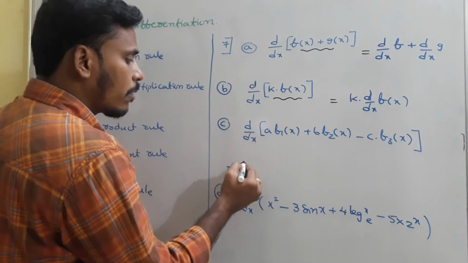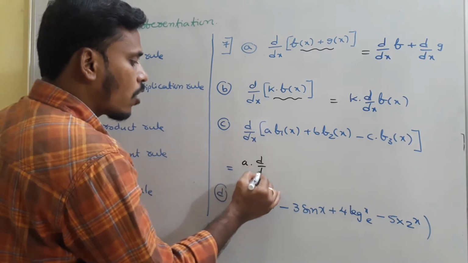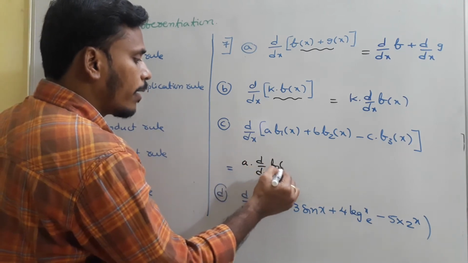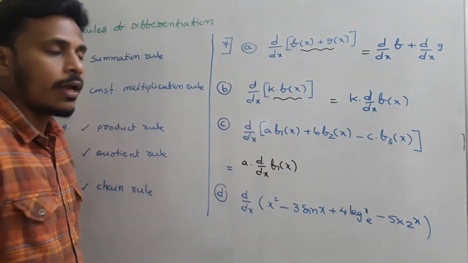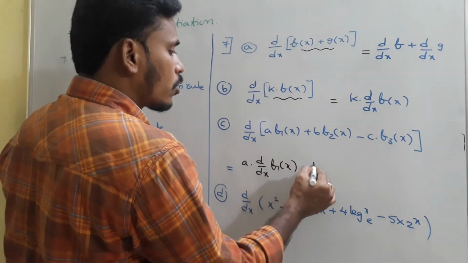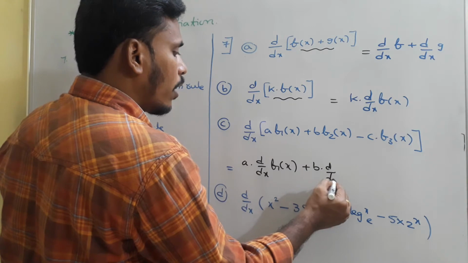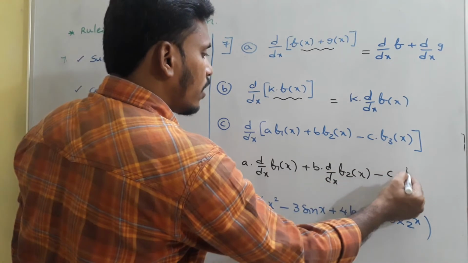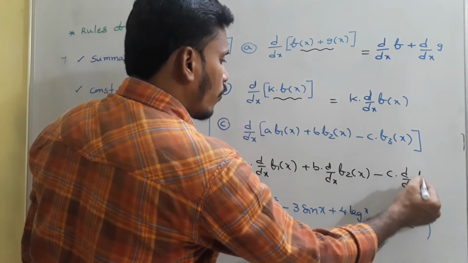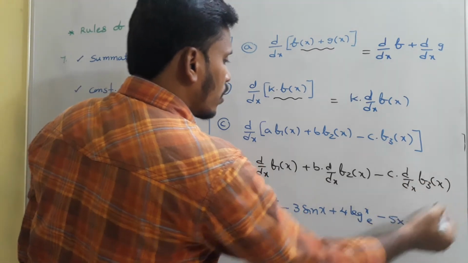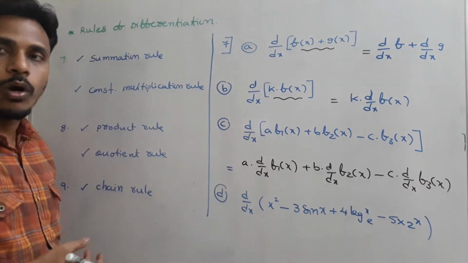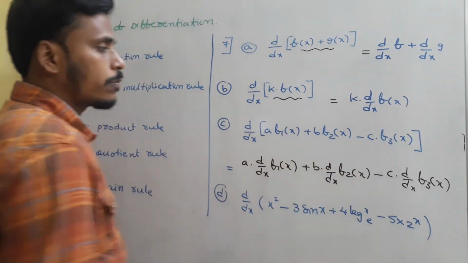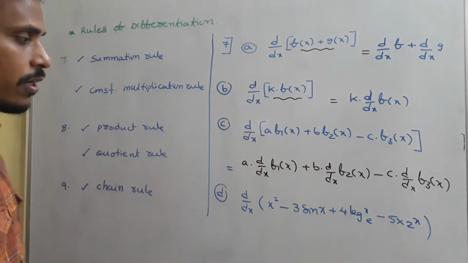So a is a constant, write it out: a into d by dx of f1 of x plus b into d by dx of f2 of x minus c into d by dx of f3 of x. Like that, easily we apply the derivative on a f1 of x plus b f2 of x minus c f3 of x, that's it.